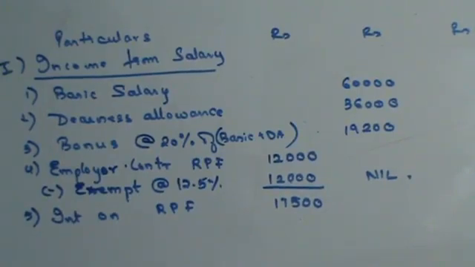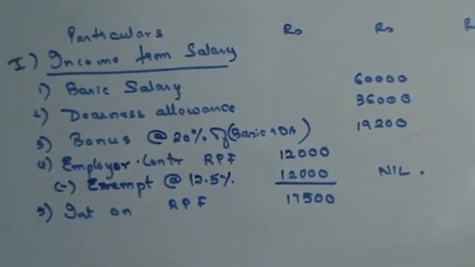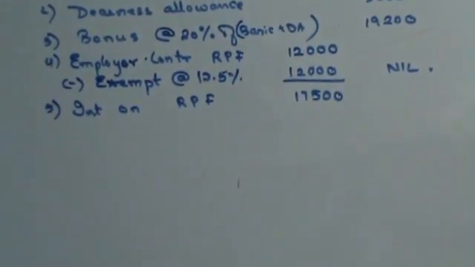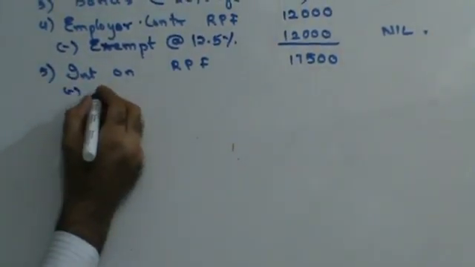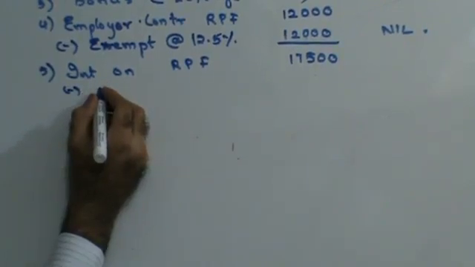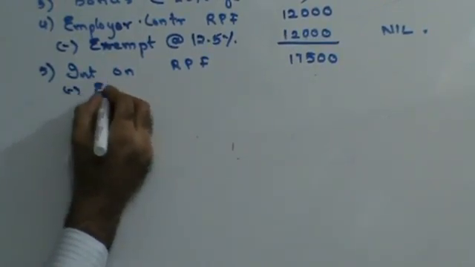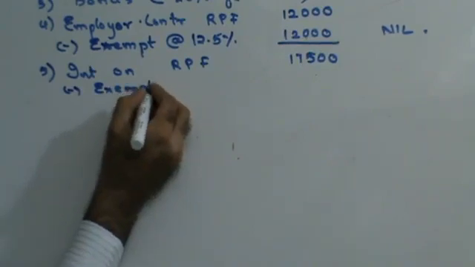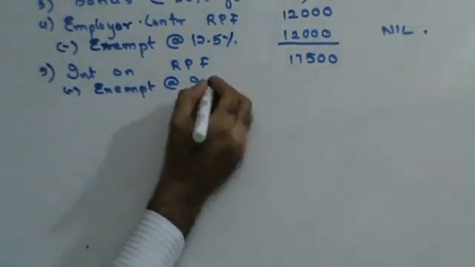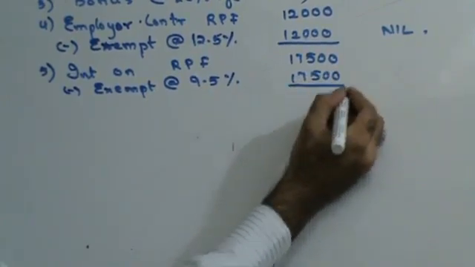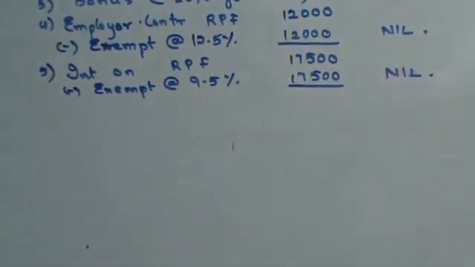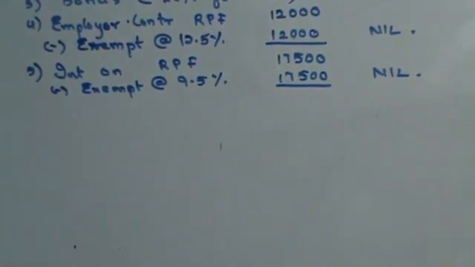Since they haven't specified the percentage, we will assume the rate of interest is up to 9.5%, because had it been more, it would have been specified. Next, let's move on ahead.